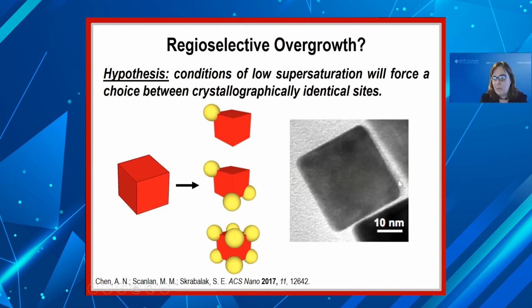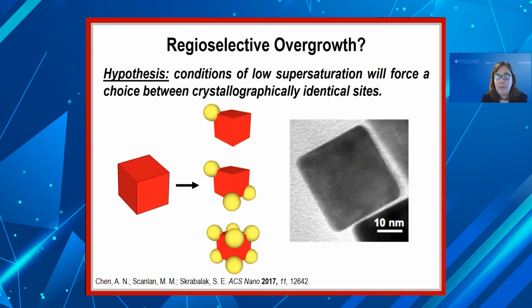So for example, I think it's most evident right here that the curvature here is a lot different than, for example, here or here. And these differences in curvature could mean that there's a different barrier for metal deposition at each one of these vertices. And so at very low supersaturation, we may be able to force a choice between those types of crystallographically identical, but at the atomic level, different sites.